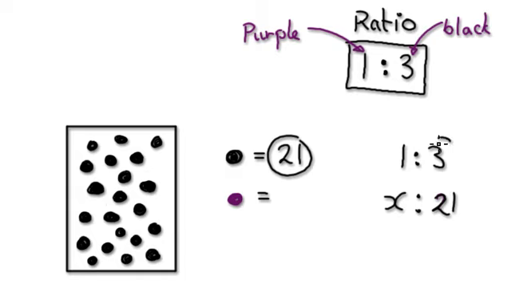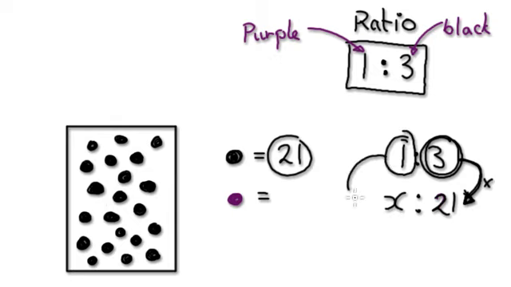You see, when you start here, you times by a magical number that would take you to 21. Well, you ultimately want to get to the x, so you would start here, and then you times by a magical number.